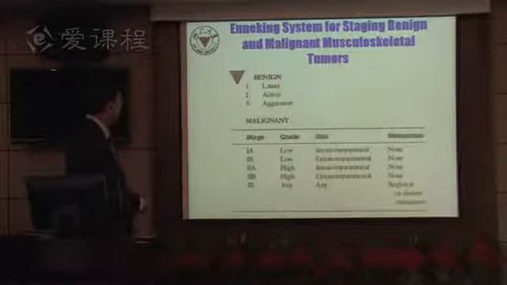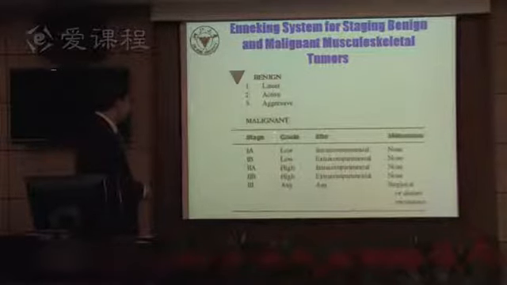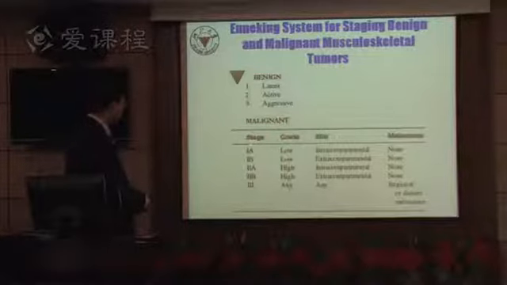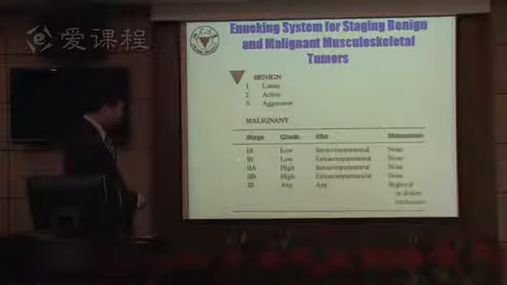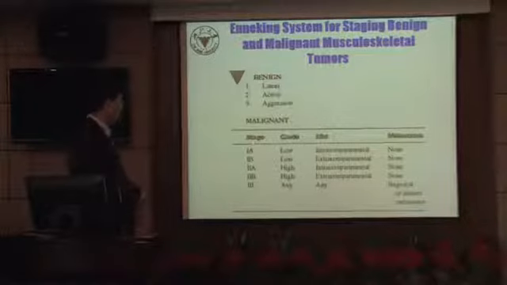If the tumor is malignant, we can divide it into stage 1, 2, 3, and stage 1 could be 1A and 1B, and stage 2 could be divided into A and B. So we have different ways of staging these kinds of tumors.